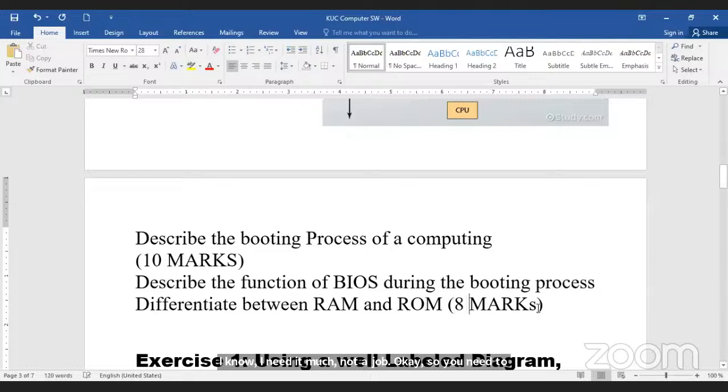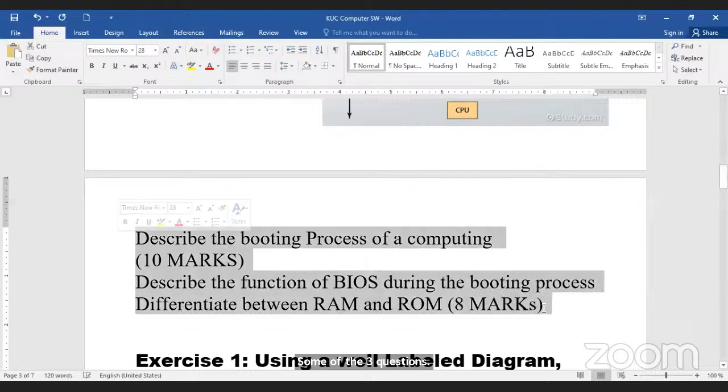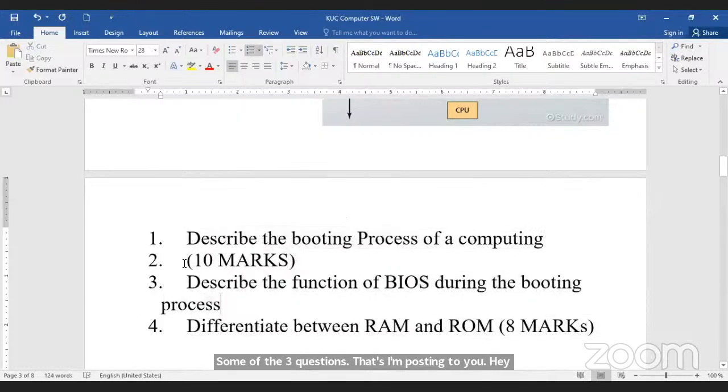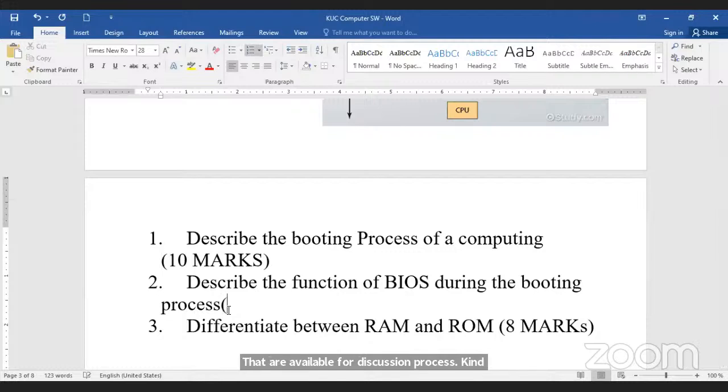These are some of the questions that I'm posting to you that are worthy of discussion. Can give this one also 8 marks. So I'm even giving a hint to the exams.